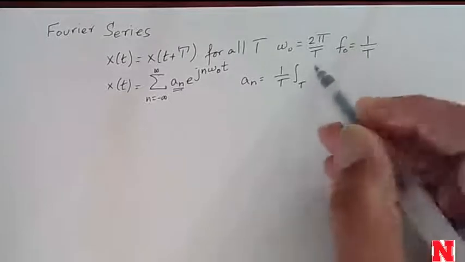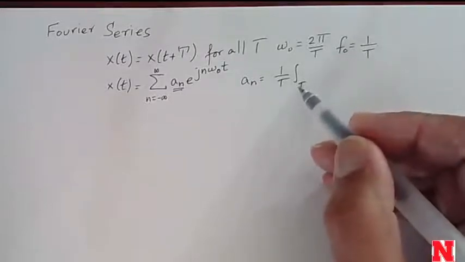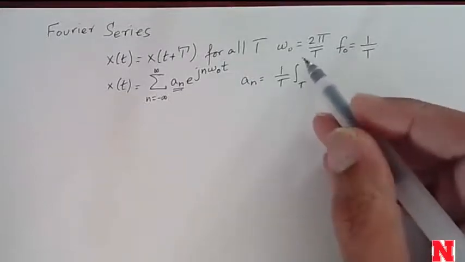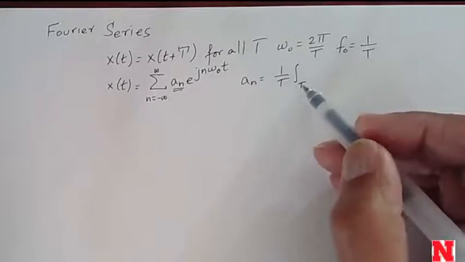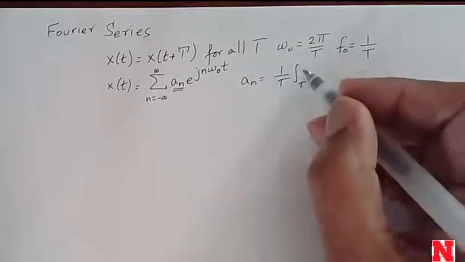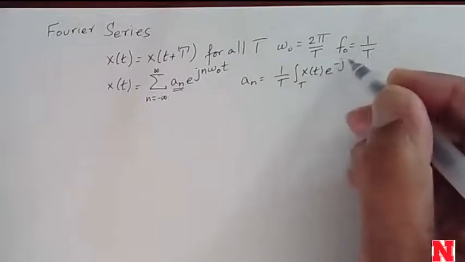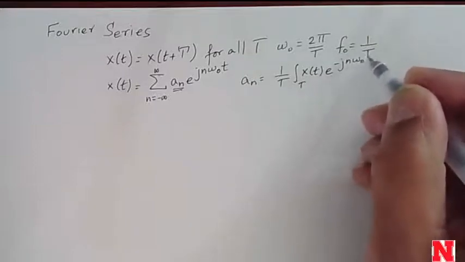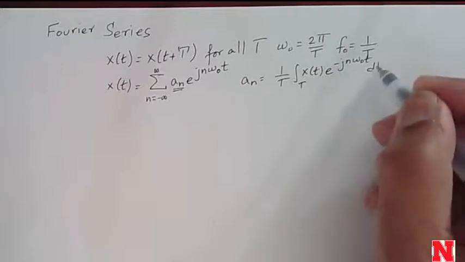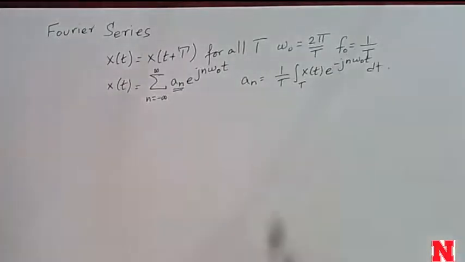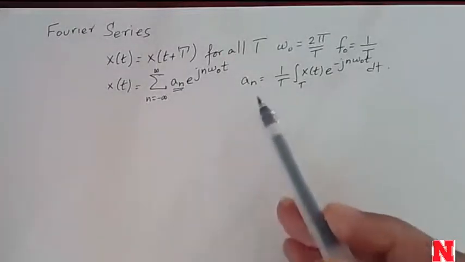We integrate over one period of the periodic function, and this period might be from minus T over 2 to T over 2, or from 0 to T, and that's x of t e to the minus j n omega naught t dt. Right, so that'll give us the coefficients.